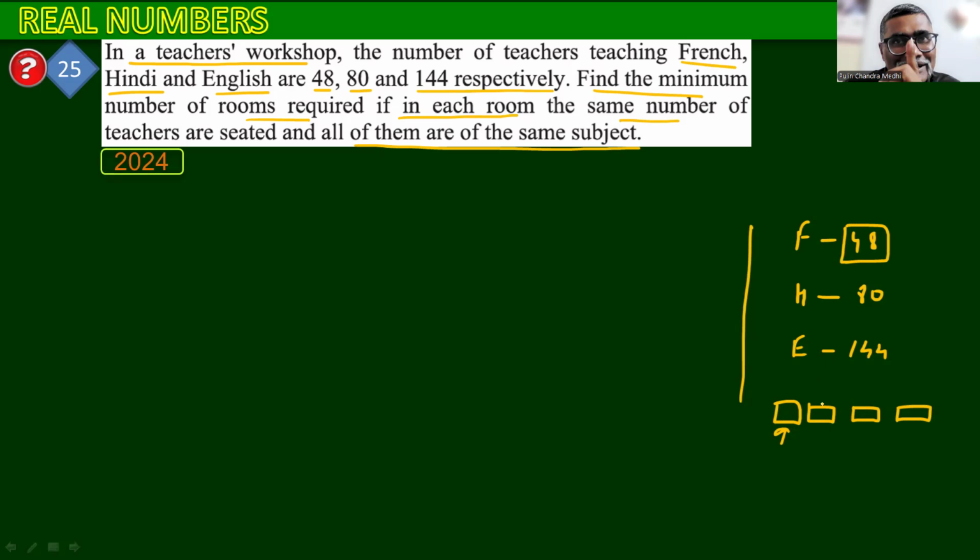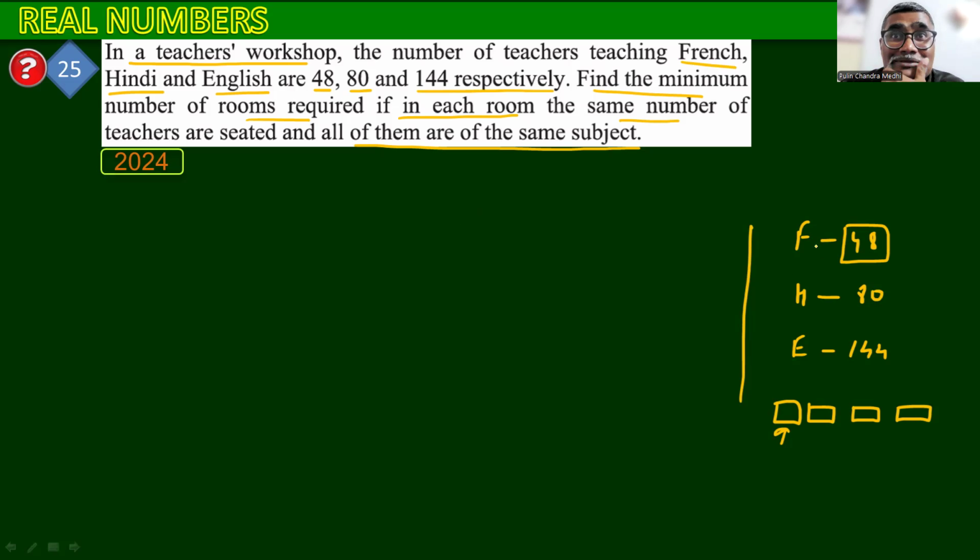You have to divide equally all these subjects and you have to divide them in the rooms. So that means there must be a common number which will divide all these numbers, right? And I need the biggest of that so that I can use the minimum number of rooms to accommodate them. Otherwise, I could have said that one room you give everyone, no problem. One subject, one room.